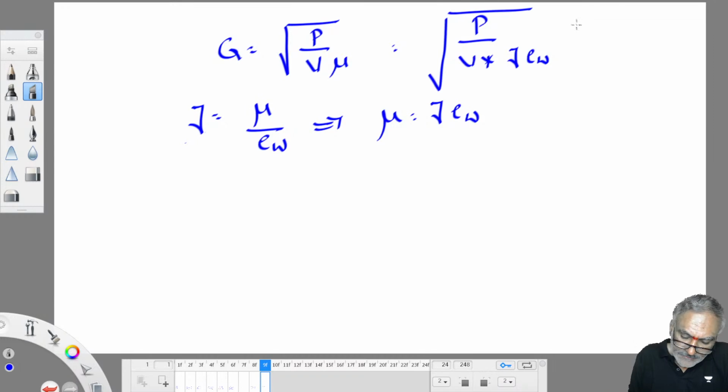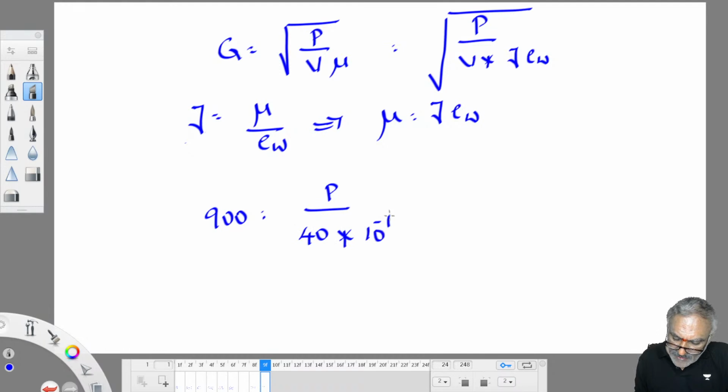So 900 second inverse is equal to root of P by V, we got V as 40. Kinematic viscosity is given as 10 power minus 6. Rho W is given as 1000. So the unknown is P.